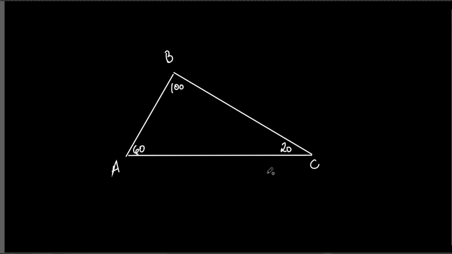So now I don't know anything about the sides, but I do know something about the angles. But I could tell you which one is the biggest side, which one's the middle side, and which one's the smallest side because I know the angles. Everybody with me? So what's the biggest angle here? 100, the angle B. So which one is the largest side? Think before you talk. AC.